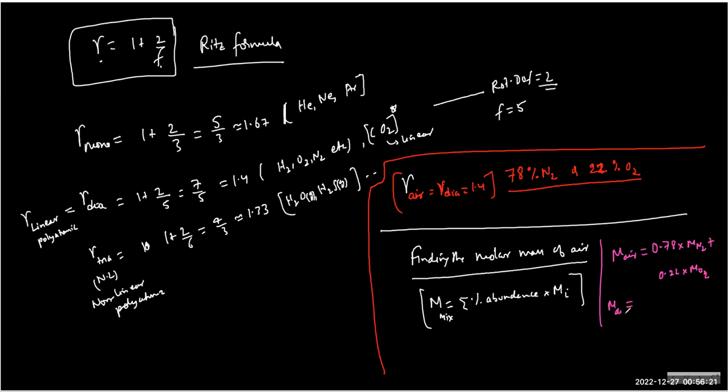So the mass of air turns out to be how much? 0.78 into 28, plus 0.22 into 32. This will give you the answer 28.88, I think. Just check. Gram per mole, isn't it?